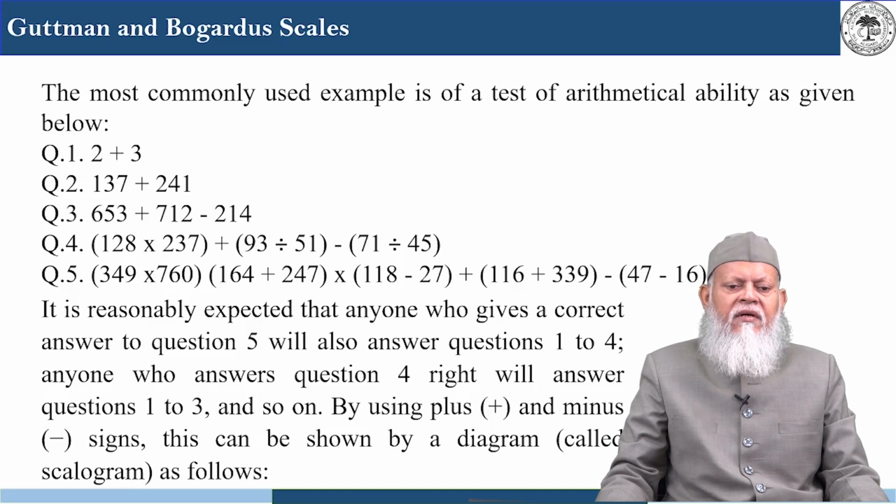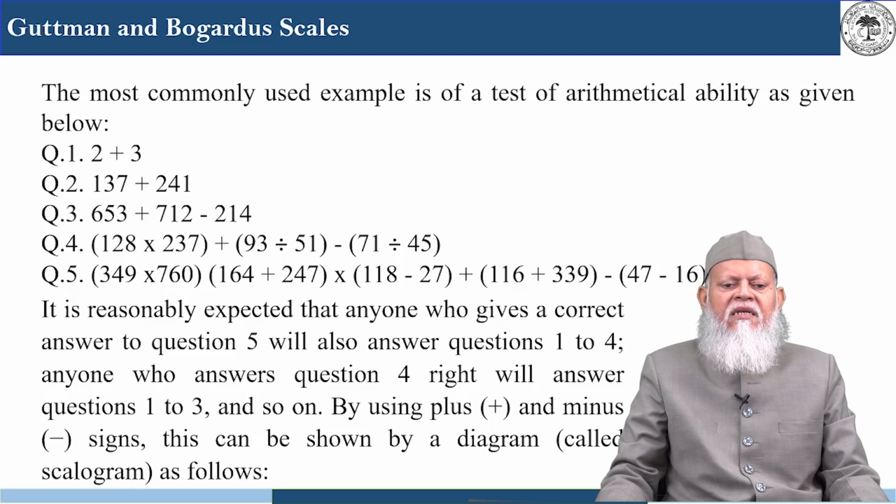Question 5 is (349 x 760) x (164 + 247) x (118 - 27) + (116 + 339 - (47 - 16)).